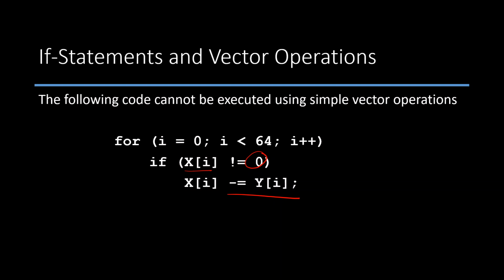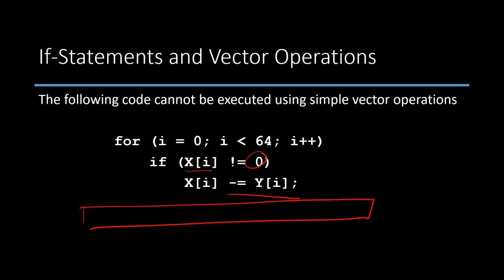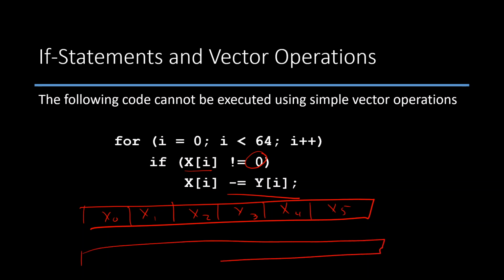Well, the problem is that if I were to put all the different values of X into a vector register, so X0, X1, X2, X3, X4, X5, and then we'll have our values for Y, so Y0, Y1, Y2, Y3, Y4, Y5.